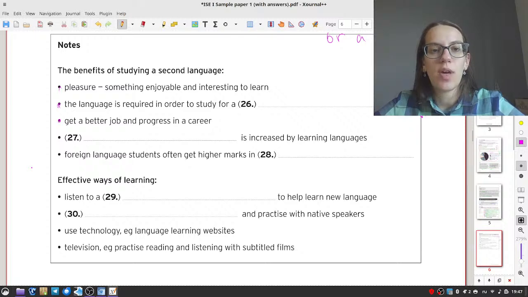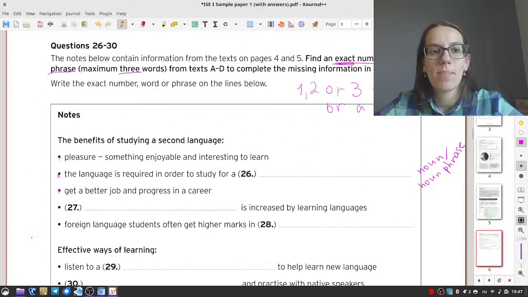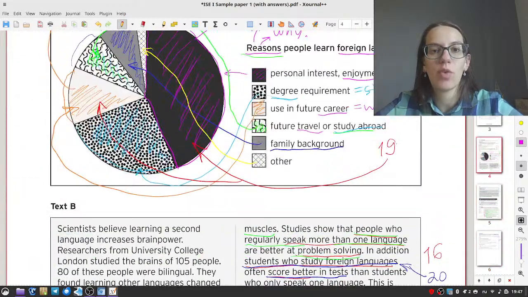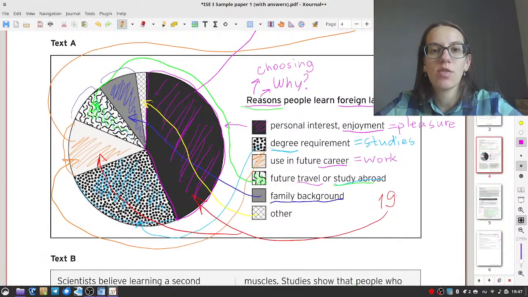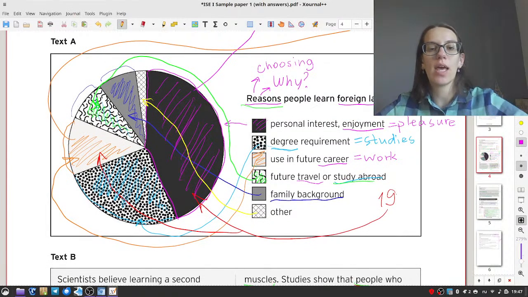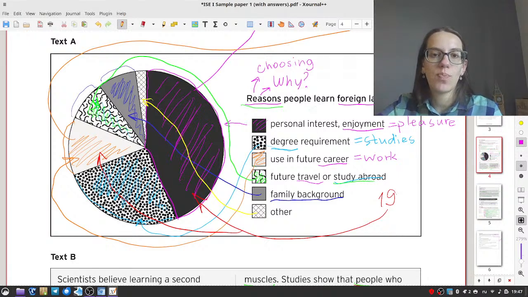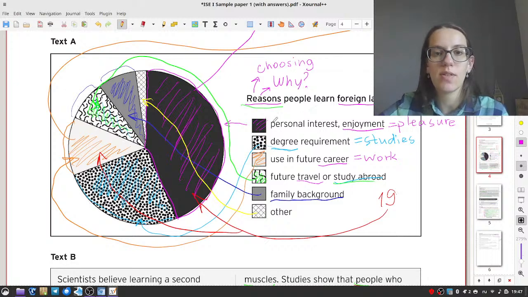So, where can we find this information? Language being required to study for something. Well, requirements, it's to do with reasons. So again, we look at our pie chart. Which parts of the pie chart dealt with studies? It was this one, degree requirement, and this one, to study abroad.